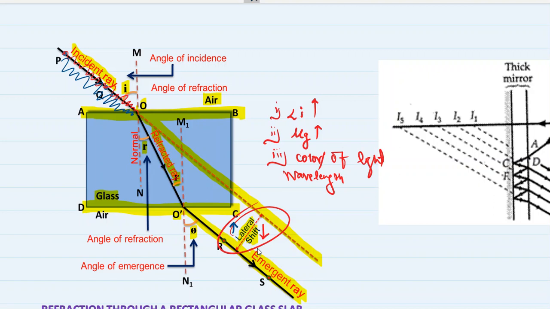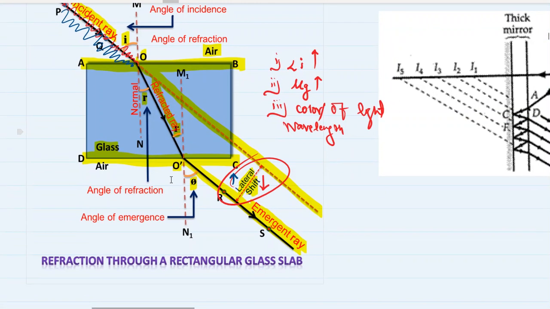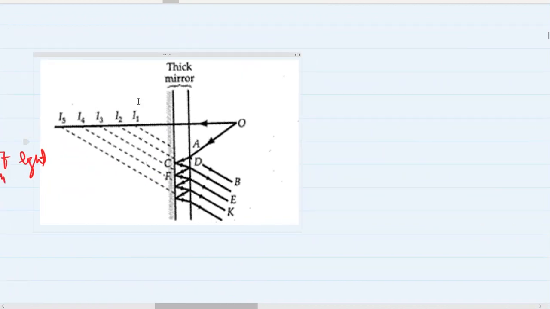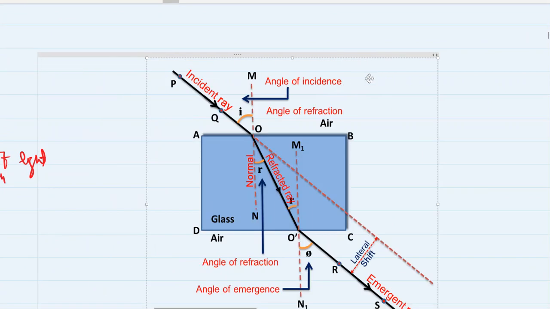If the wavelength is less, then the lateral shift will be more. These are the factors on which this lateral shift depends when refraction through a rectangular glass slab takes place. Now let's go to the next topic, which is multiple reflections.